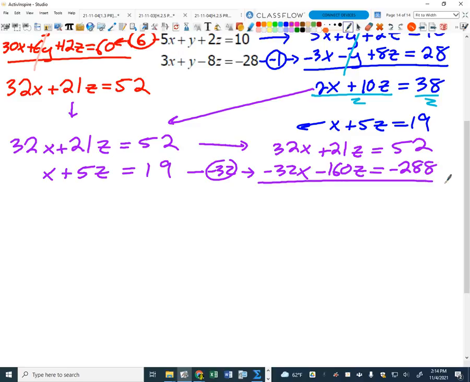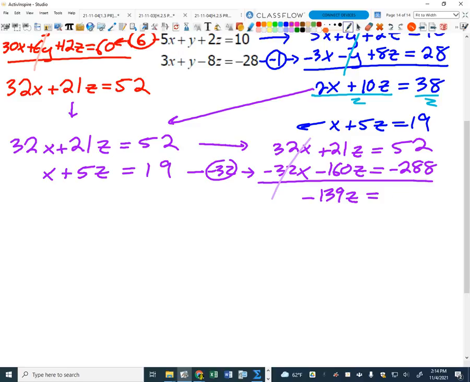And the x's cancel, right? And so we end up with what's that going to be? -139z equals, no, hold on, what the heck happened here?